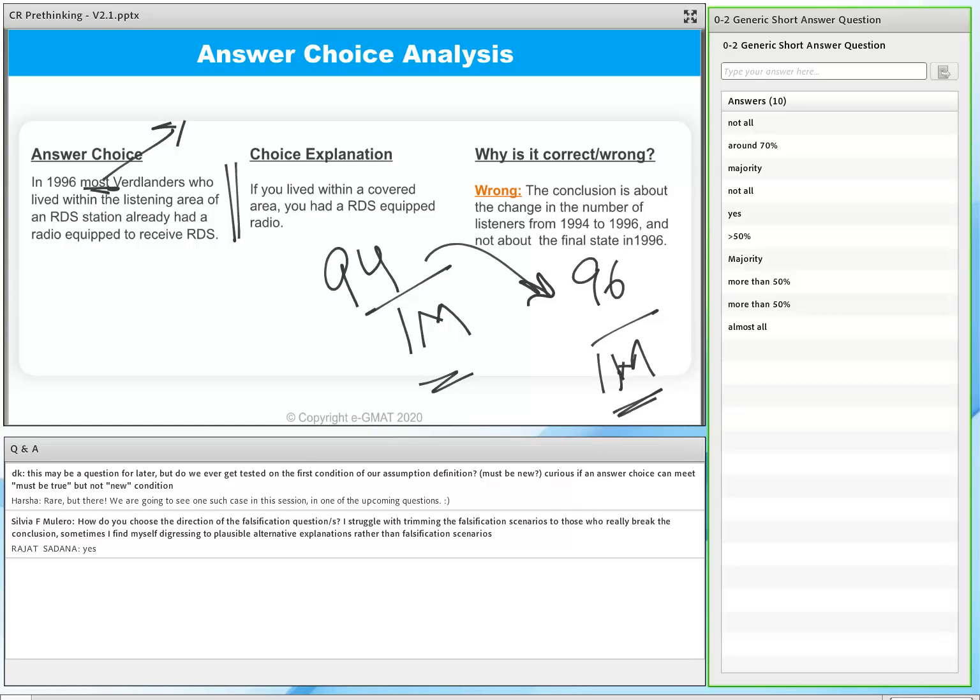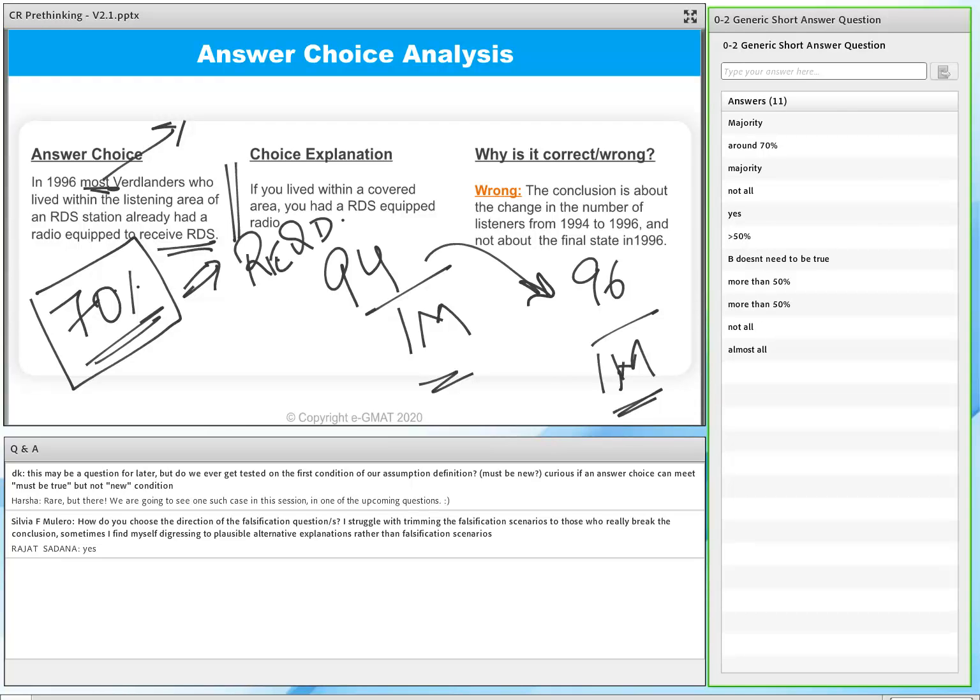So what it's saying is that 70% of Verlanders who were within the listening area had a radio designed to receive RDS. My question is, is this 70% required? Is this required?